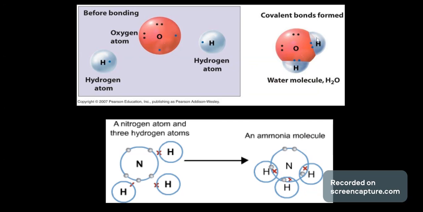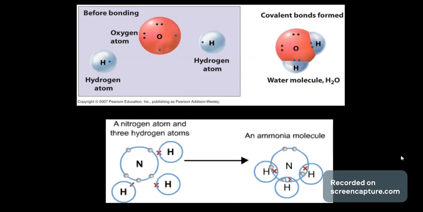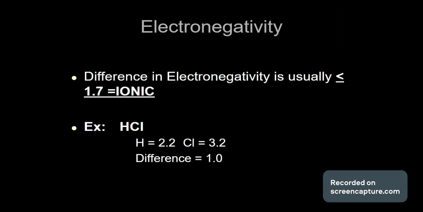And when they bond, they form the covalent bond of H2O. Down below, we have X's being used, and they'll form NH3. Just like the blue dots for the H2O molecule, you have the covalent bonding forming.